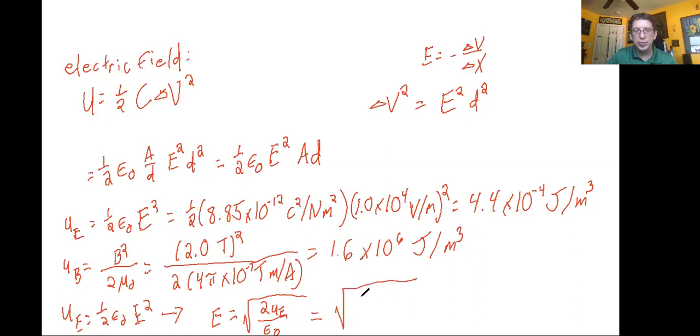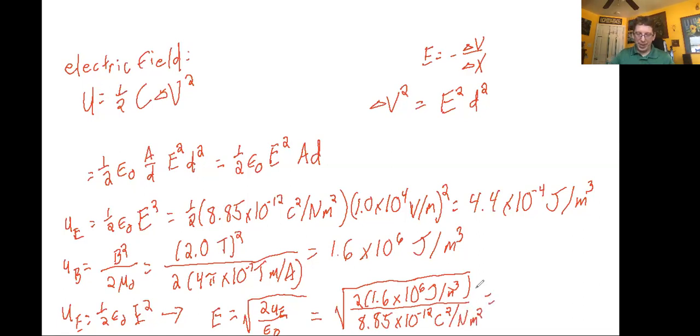So that's 2 times 1.6 times 10 to the 6 joules per cubic meter, and you're dividing that by the permittivity of free space, which is 8.85 times 10 to the negative 12 coulombs squared per newton meter squared.